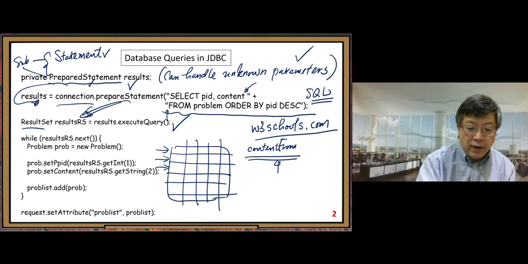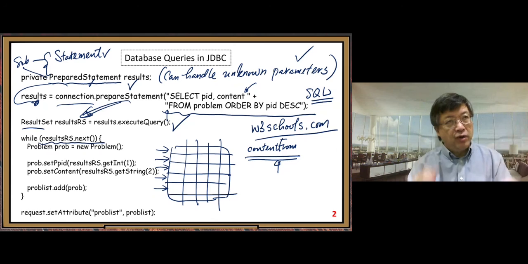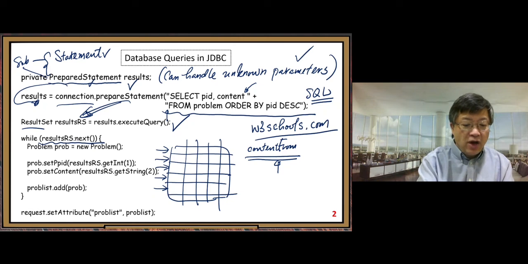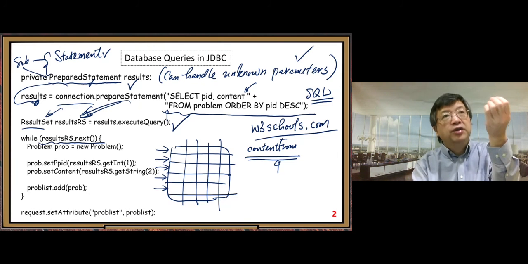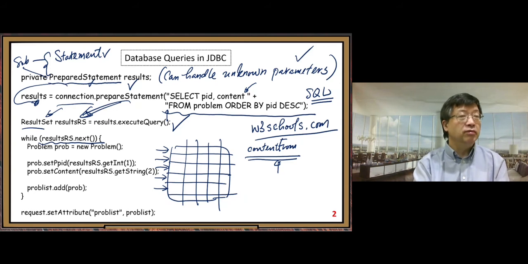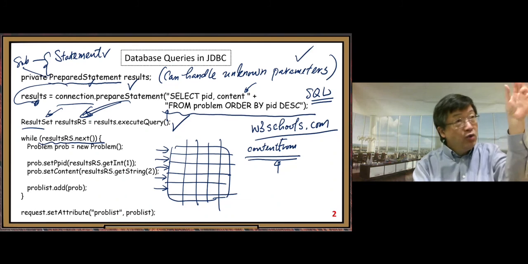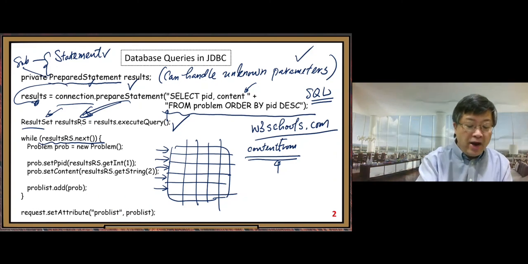Why do you call next? Next is a method of this object. It moves its cursor to the next available row, because when you read the data, you need to move the cursor to that row.